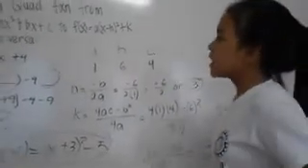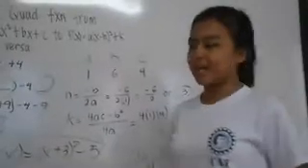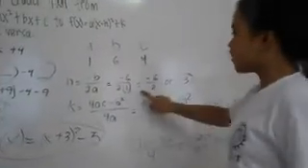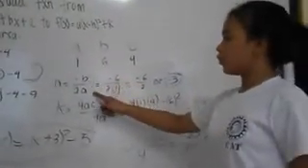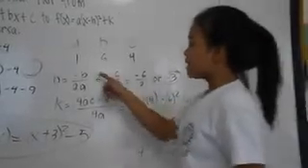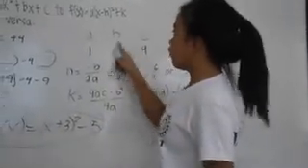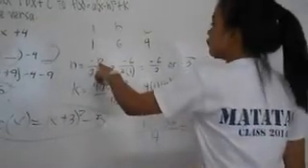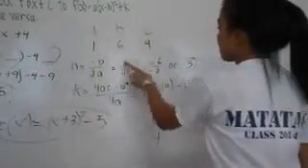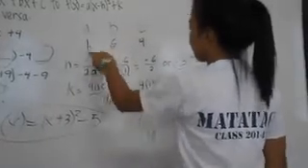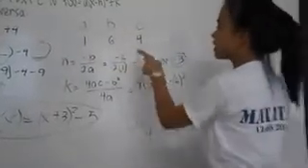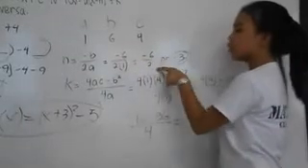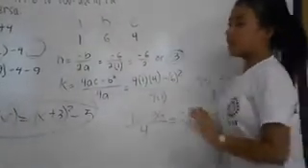The formula to find h is negative b all over 2a. You will just substitute the values of a, b, and c. The value of b is 6, so we will put negative 6 all over 2 times a, which is 1, is equal to negative 3.